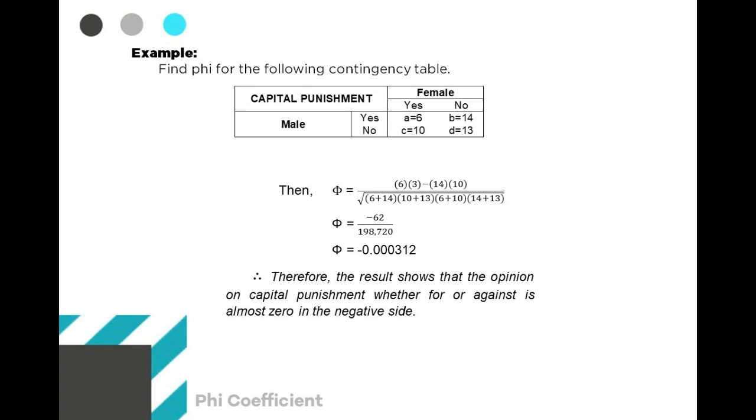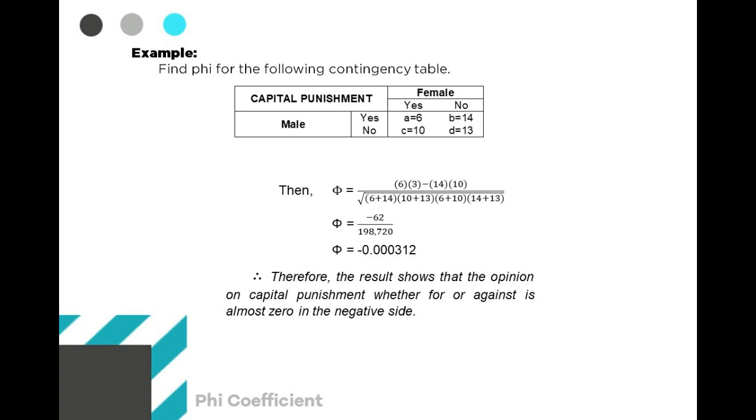Then we get the phi value, which is equal to negative 62 over 198,720. Then the value of our phi is negative 0.000312. Therefore, in this particular result, it shows that the opinion on capital punishment, whether for or against, is almost zero, with a negative sign. So that is our correlation.